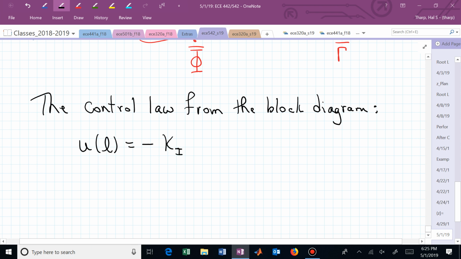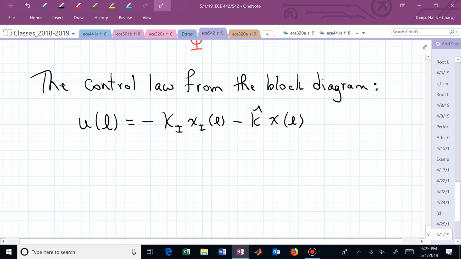It's now minus k sub I x sub I of L minus k hat x of L.